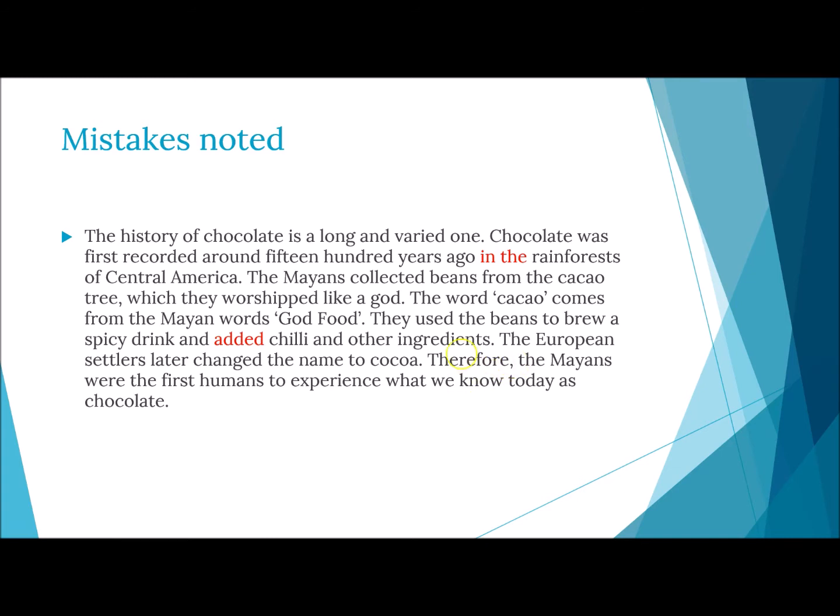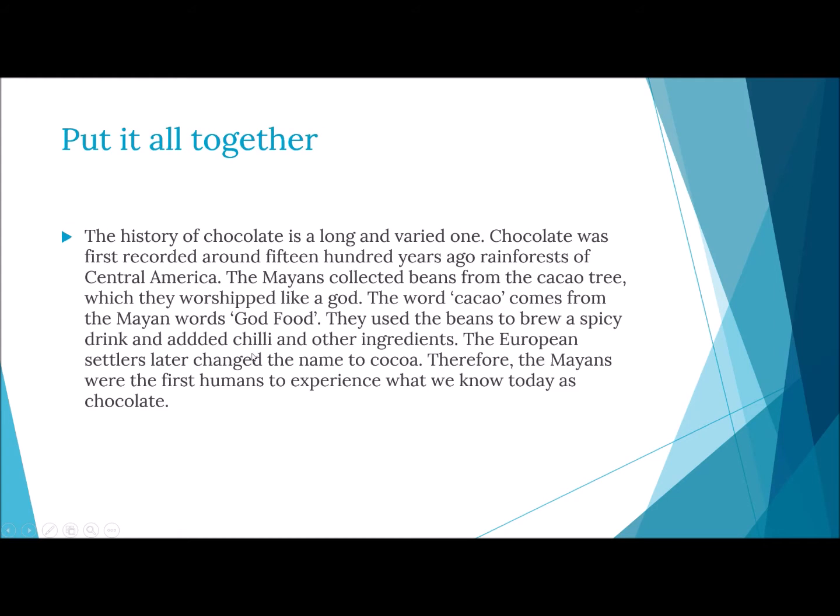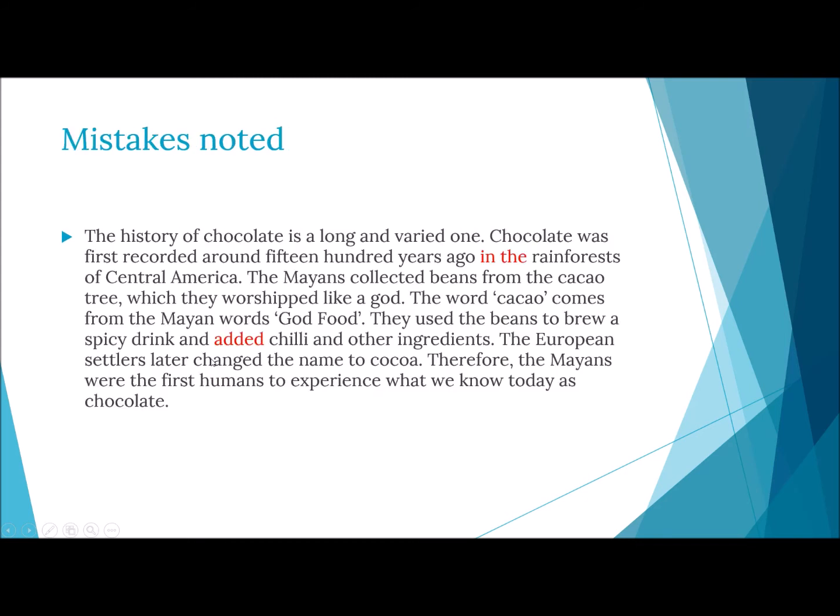I think I'd missed out one of these words in the rainforest, it should have said, and added, let's just go back, see if you can spot this. I put 1500 years ago rainforest instead of in the rainforest, and added actually had 3 Ds. So if you're one of the people that spotted that, then well done. So always do your first proofread and look for your mistakes.